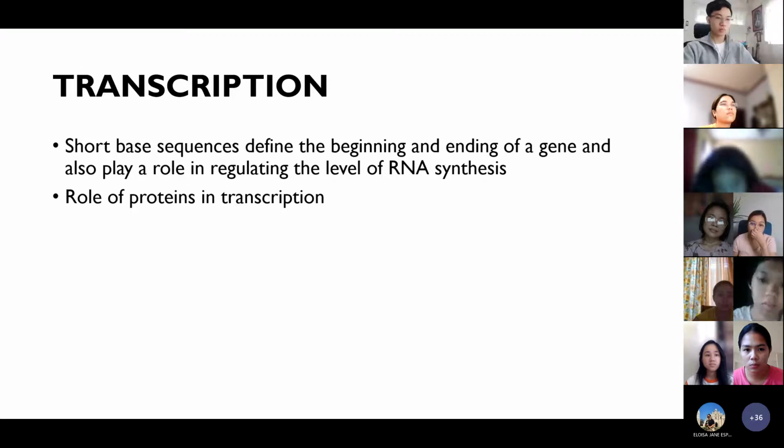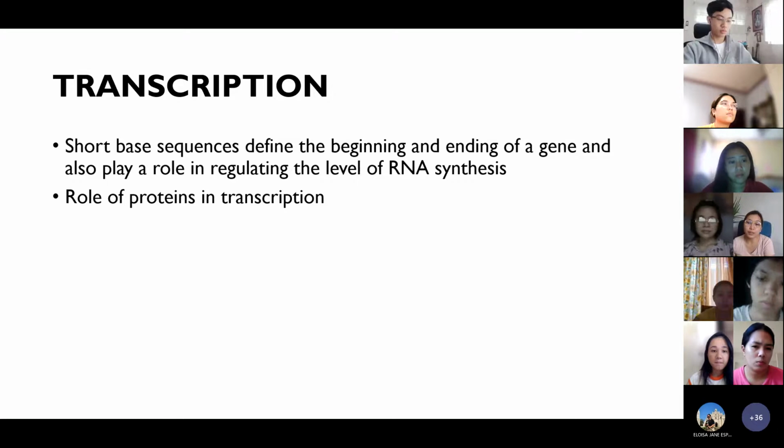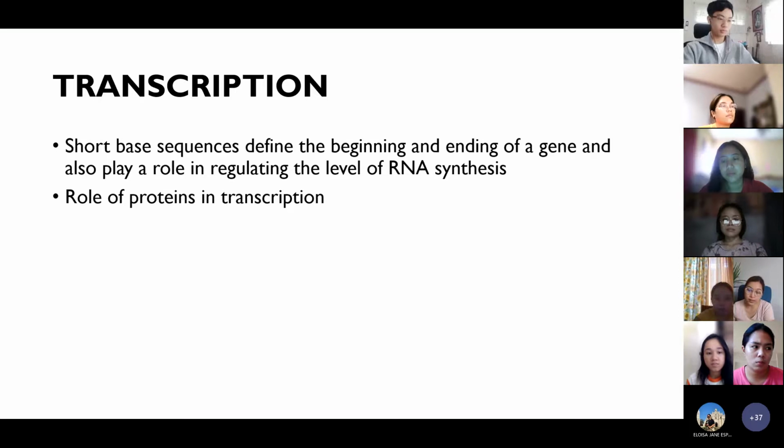Okay, so for the transcription overview, our objectives mainly would be to describe the organization of a protein encoding gene and its messenger RNA transcript. And then we will outline the three stages of transcription.